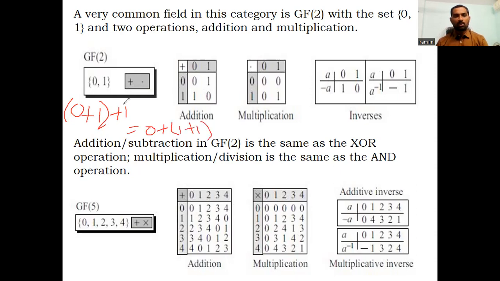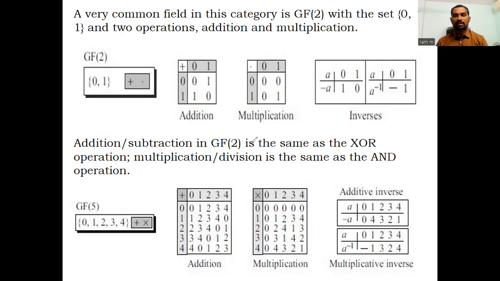Now 0 plus 1 is 1, and then I apply 1 plus 1, which is 0. From the other side, 1 plus 1 is 0, so I get 0. So the associative property is satisfied.